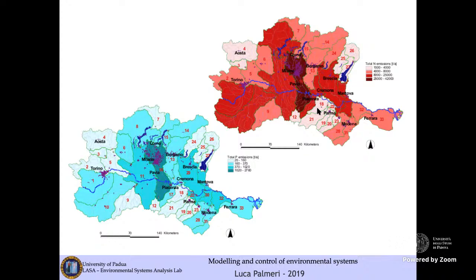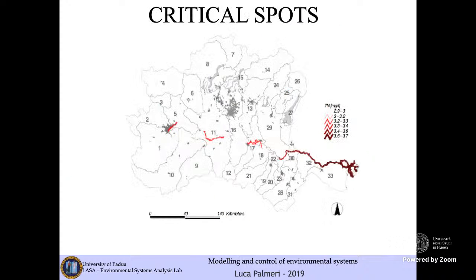You may make the same analysis along the Po River, changing with different colors the quality of the water flowing along the main Po River course. As expected, going toward the end part of the basin, we have the most significant concentration in terms of milligrams per liter of total nitrogen.